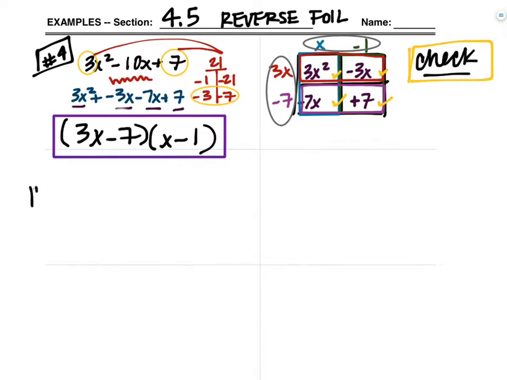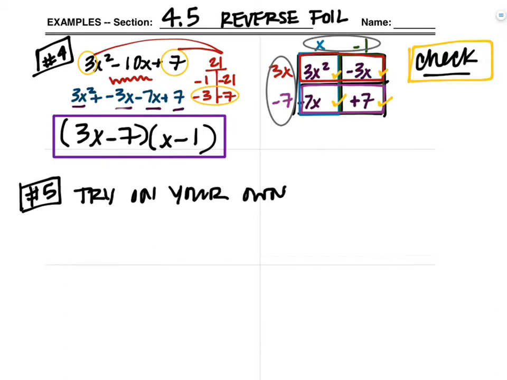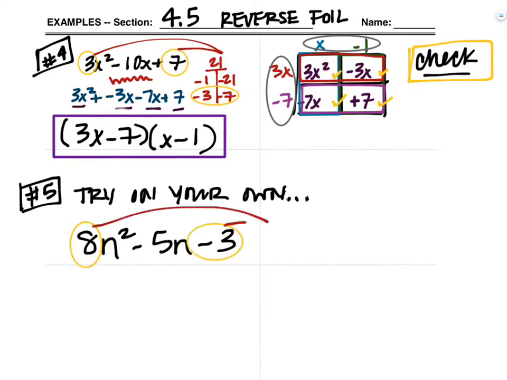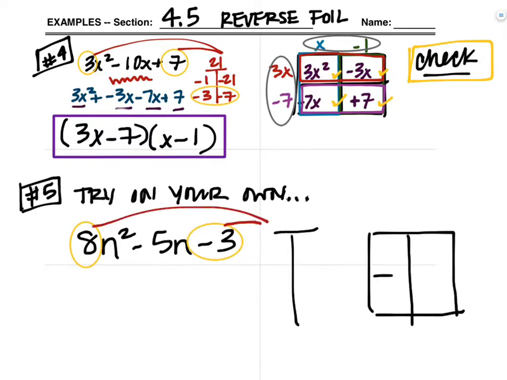So our last is a try on your own example. I got this started for you, so let's take a look. It's 8n squared minus 5n minus 3. And I framework out what you're going to need to be doing. So I already circled your first and third term that you're going to multiply. Those arrows are telling you, hey, we're multiplying this in order to get this factor tree.